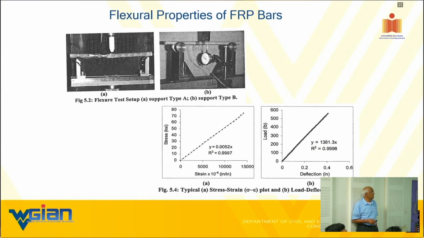You can see both the flexural properties, and here I'm focusing on the type of support. I can have it on a knife edge like the one on the left, and I can also have it on a roller, which means there is a certain amount of contact area at the support.